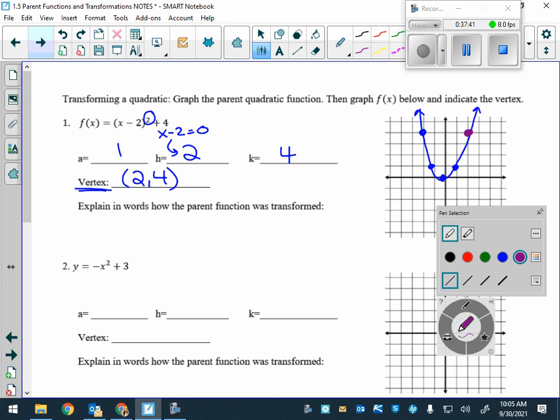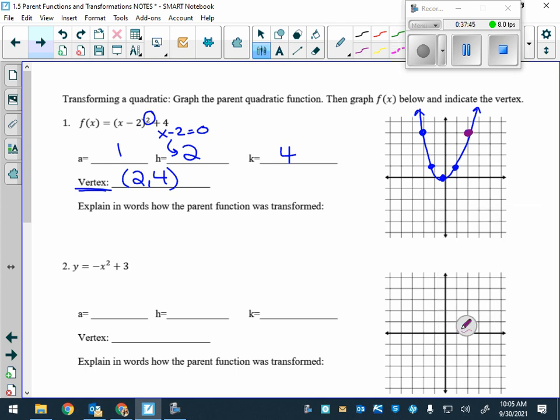The purple, if you can kind of see it, is my new vertex, 2, 4. What types of transformations happen? To go from 0, 0 to 2, 4, what happened? Eleanor? In what direction? Right 2, and then up 4. So that's what happened.